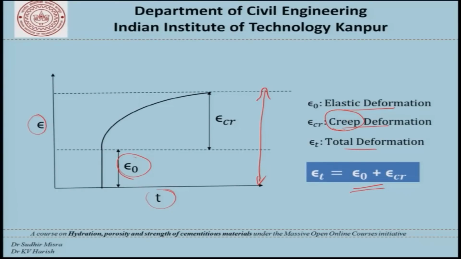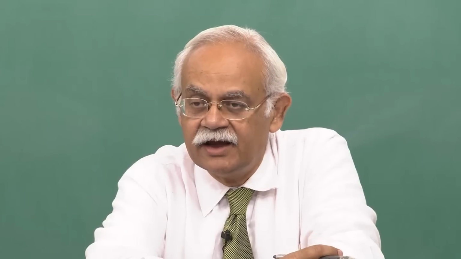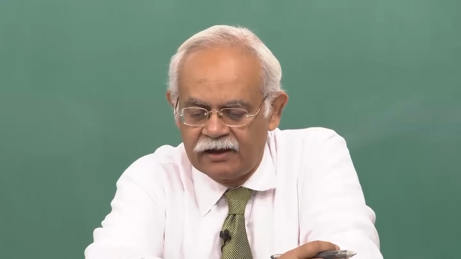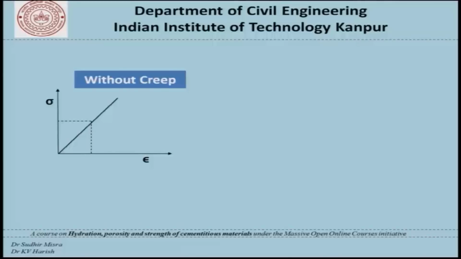So at a given point in time or a given point of load there is an elastic strain, and then if that load is sustained at that level we have the creep strain. In other words, what is being said is that this level of strain for this level of load is not necessarily the final strain under sustained load.